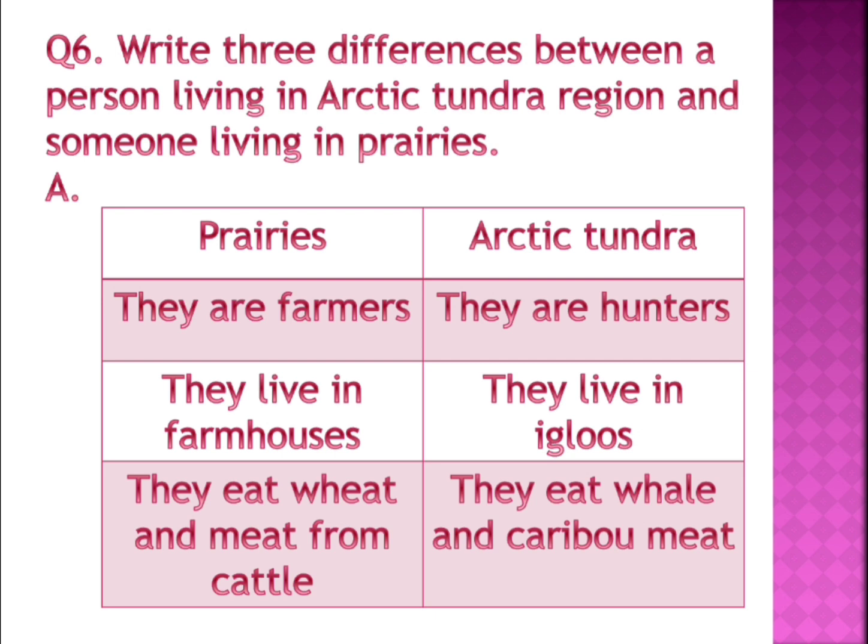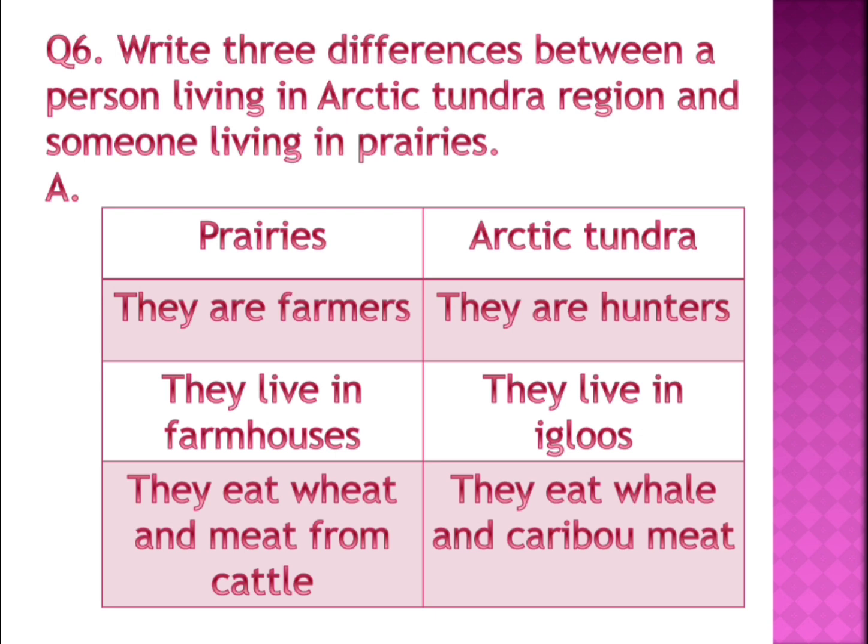And what do they eat? People in the Prairies mostly eat wheat, because it is the wheat basket of the world. They prefer to eat wheat and meat from the cattle which they grow. Here the people eat whale and caribou meat. They are hunters, isn't it, children? That's what you will write in the difference. You can include the climatic condition also.